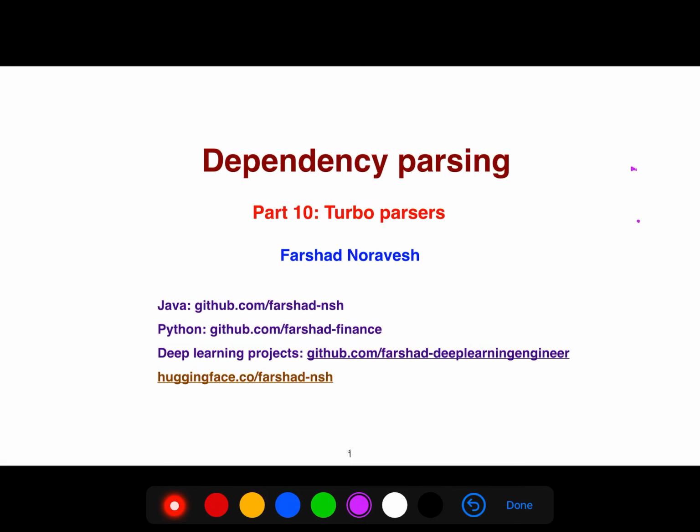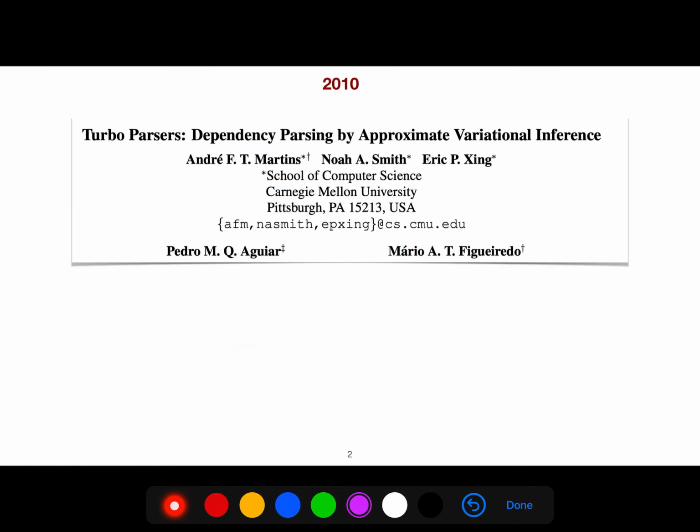So now I'm going to explain this article from 2010, which is similar to the ideas of previous lectures because, again, it is written by people like Noah Smith and Andre Martins.